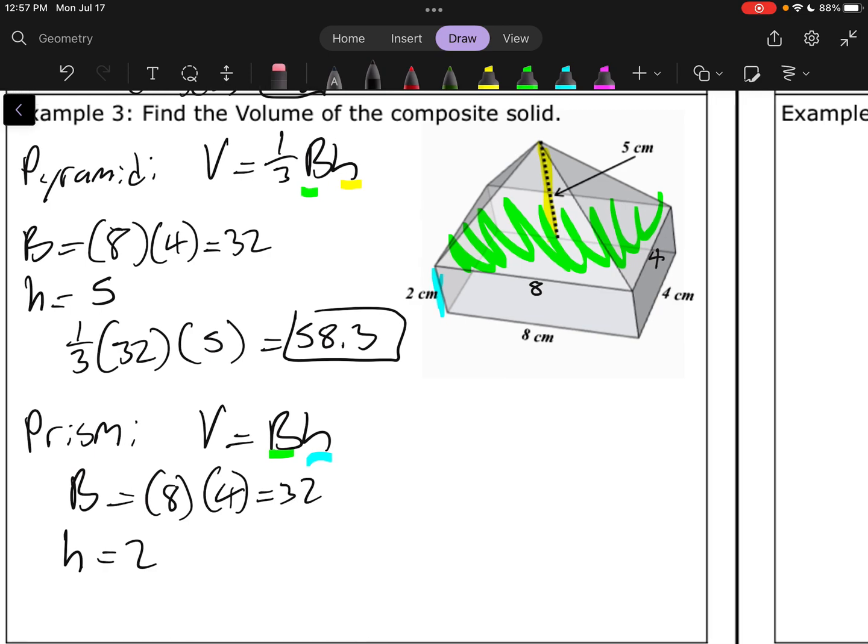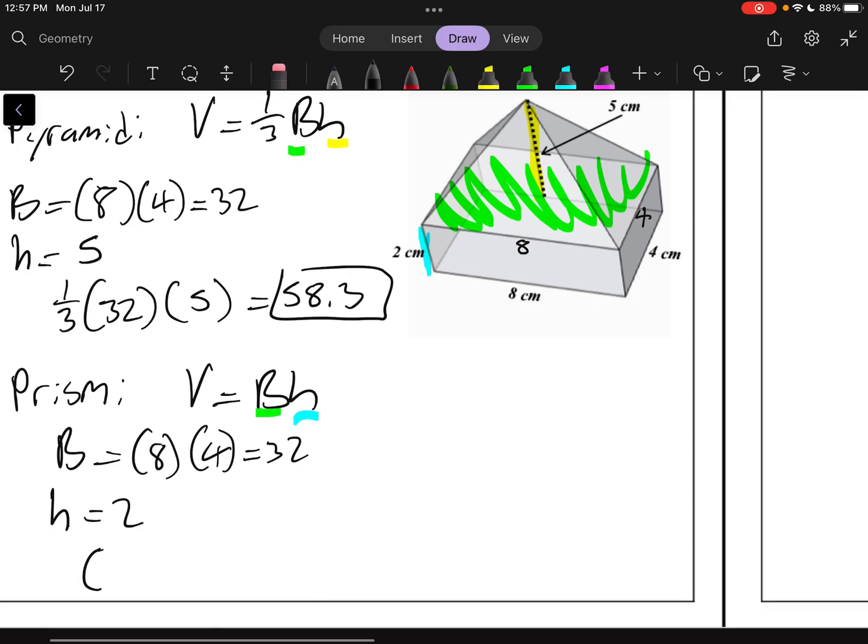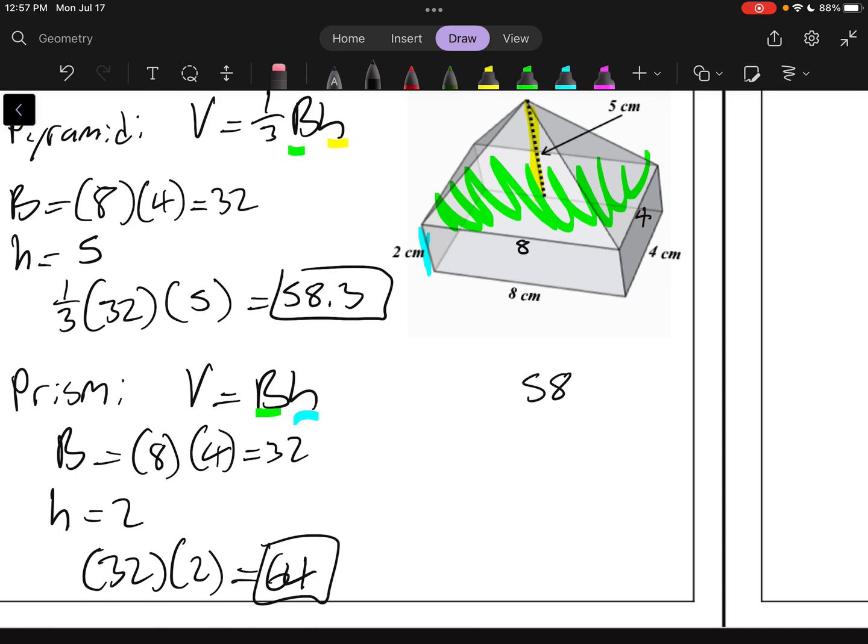Our height is 2, so we'll do 32 times 2 to get 64. And then we'll do 58.3 plus 64, and we'll get 117.3. That's centimeters cubed.